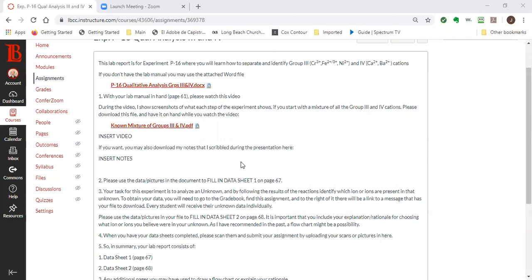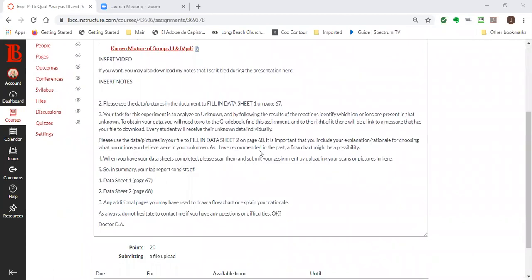You're going to go to your gradebook, and on the right of this assignment, there should be a little icon that you can click, and that will give you a message and the data file you have to download.